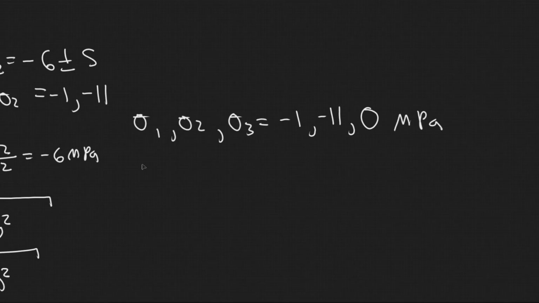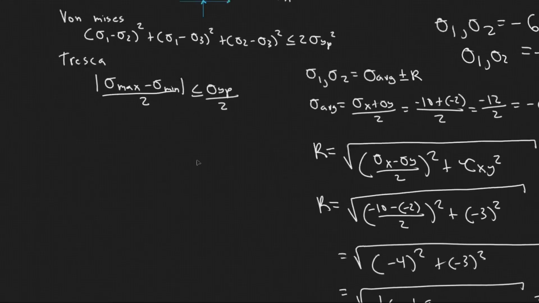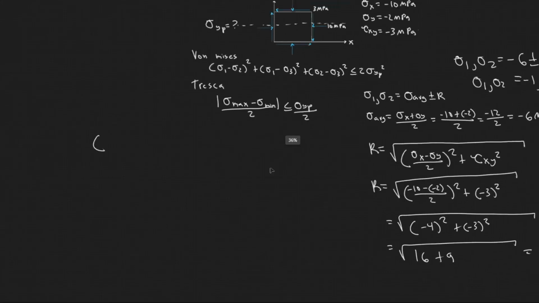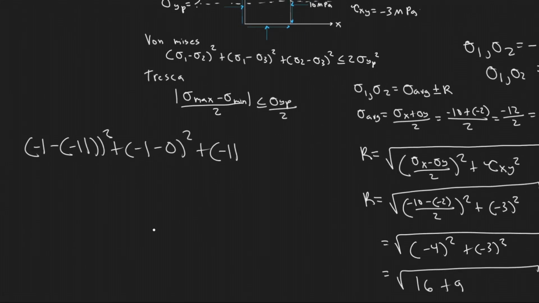And then now that we have these, it's just a matter of plugging them in. I'm going to start off with the von Mises. So just plugging in the values. Sigma 1 we said was -1. So -1 minus sigma 2, which is -11, squared, plus sigma 1, which is -1, minus sigma 3, which is 0, squared, plus sigma 2, which is -11, minus sigma 3, which is 0, squared, is less than or equal to 2 sigma yp squared.